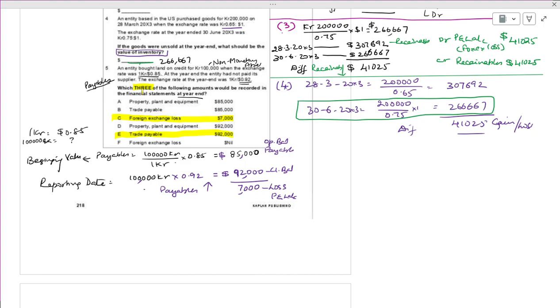And foreign exchange loss, 7,000, we have taken that. There is a loss. And property, plant and equipment, 85. Is it A, C and E? A.